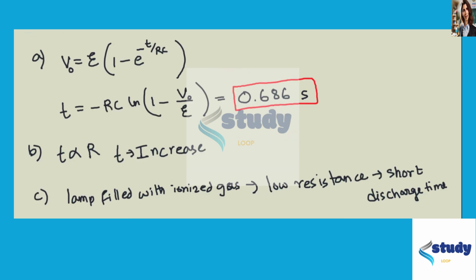As we calculated in part A, it takes 0.686 seconds to charge the capacitor, so after we see the first flash, we have to wait 0.686 seconds to see the second flash.